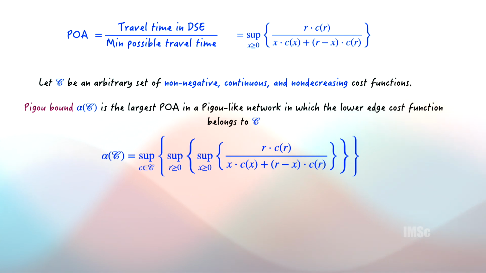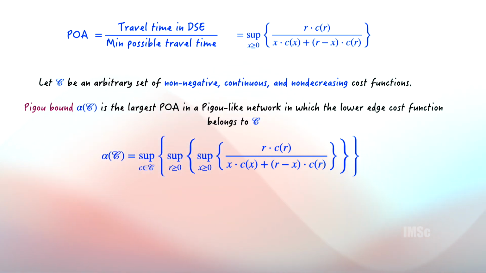This quantity, just see this, okay. This quantity captures the POA of a particular Pigou network, where you are routing R units of flow from the origin, and the cost function is this small c of r.